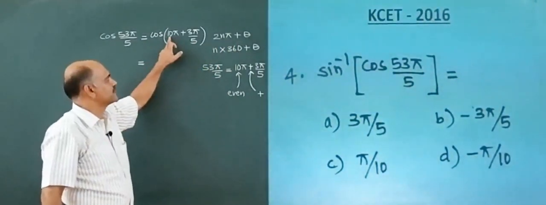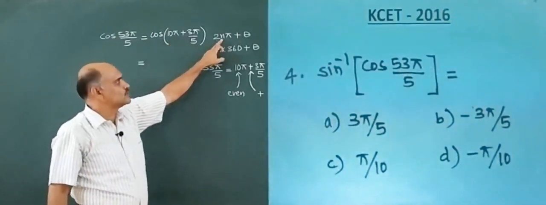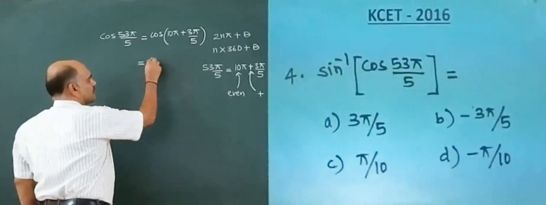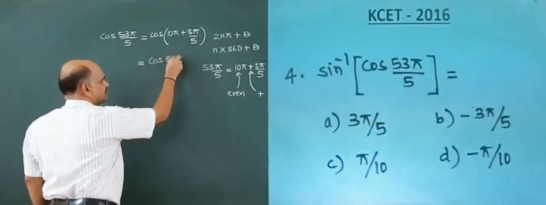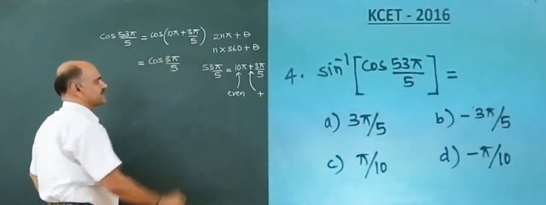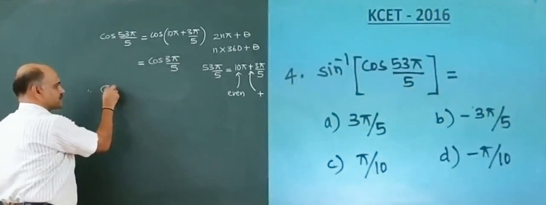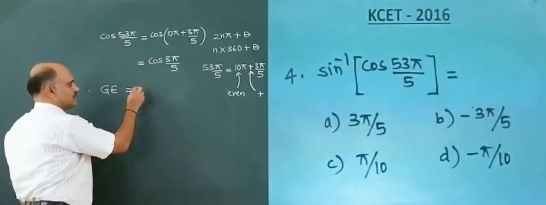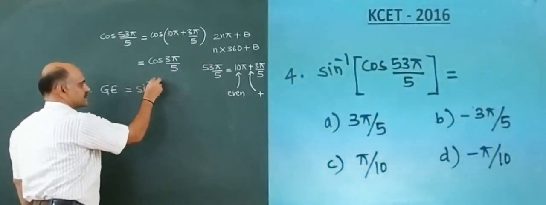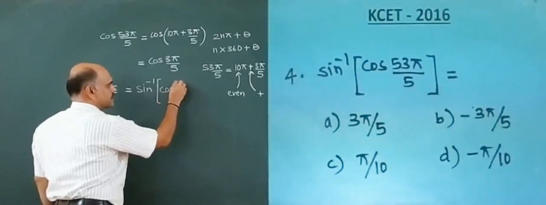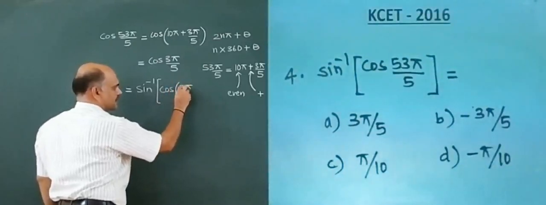So this term is neglected, that is, 2n pi you can leave. If I leave 10 pi, you will have cos 3 pi by 5. Therefore, the given expression is equal to sin inverse of cos 3 pi by 5.